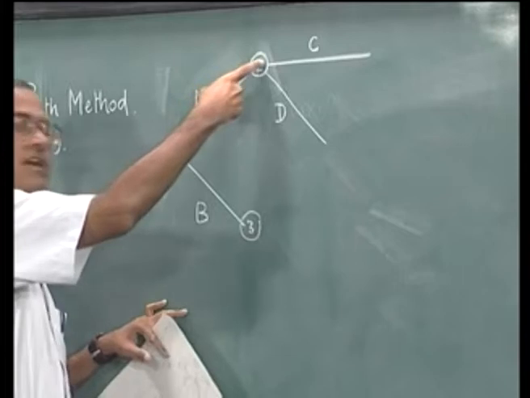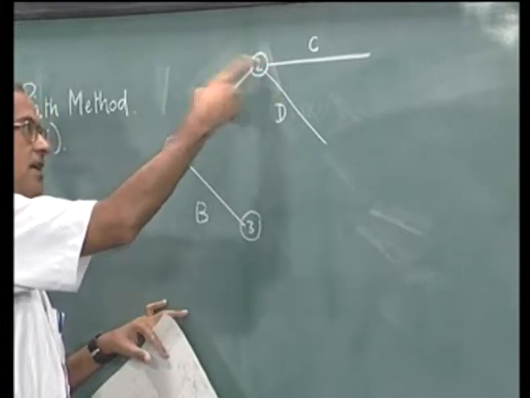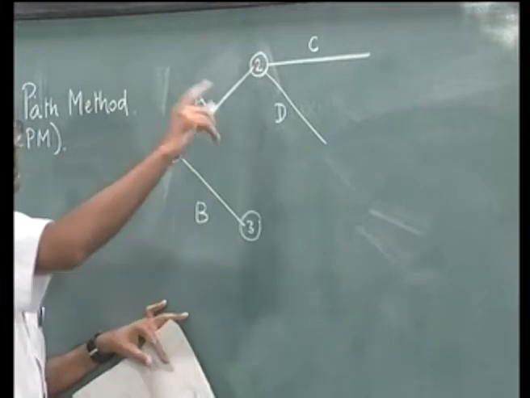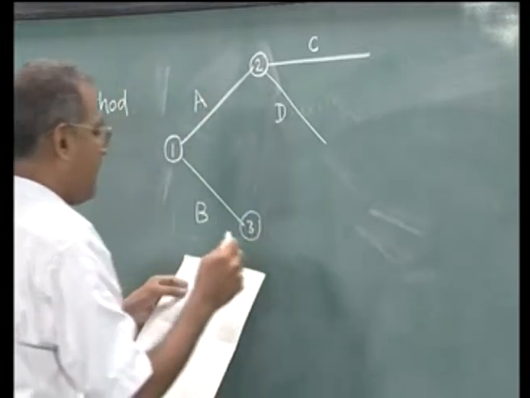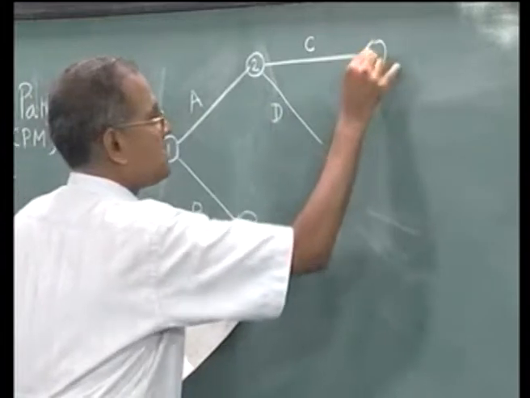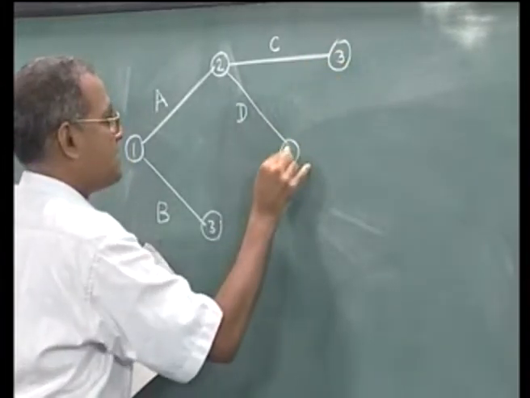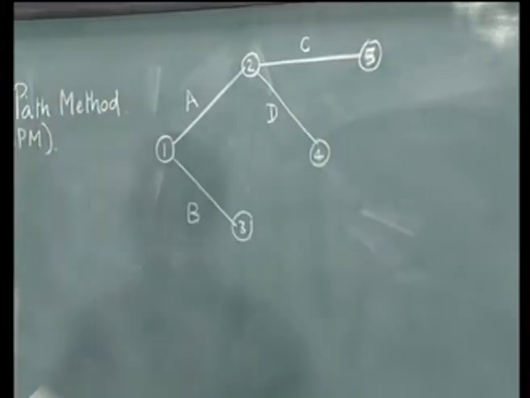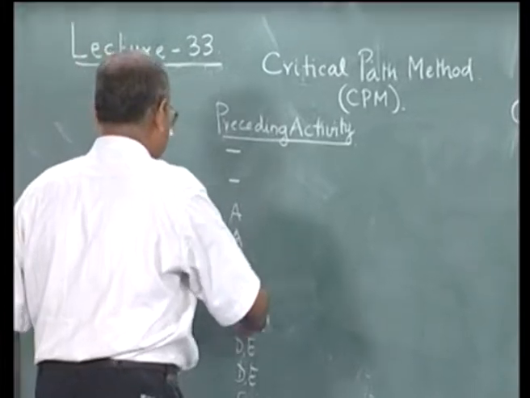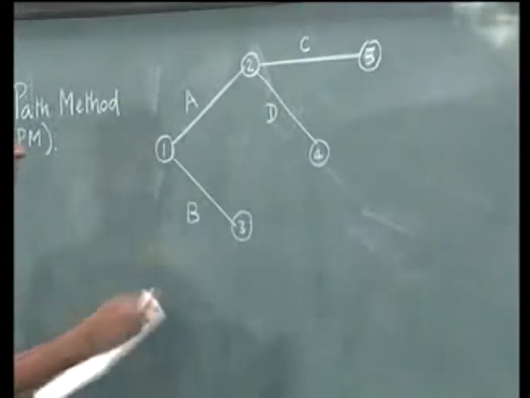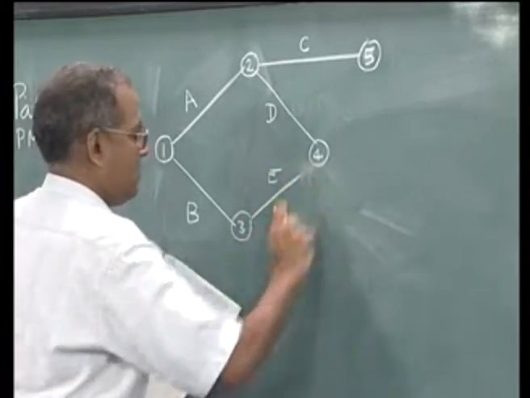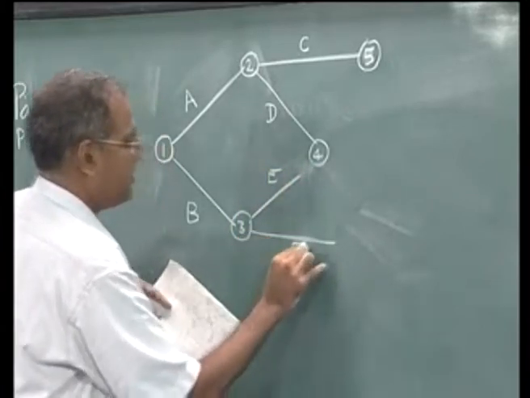So, this is an event which says ending of A, and this could be the beginning of C and D. So, I call this as 3 and this as 4, I call this as 5. Now, E and F with B, so I am going to call this as E and this as F with B.